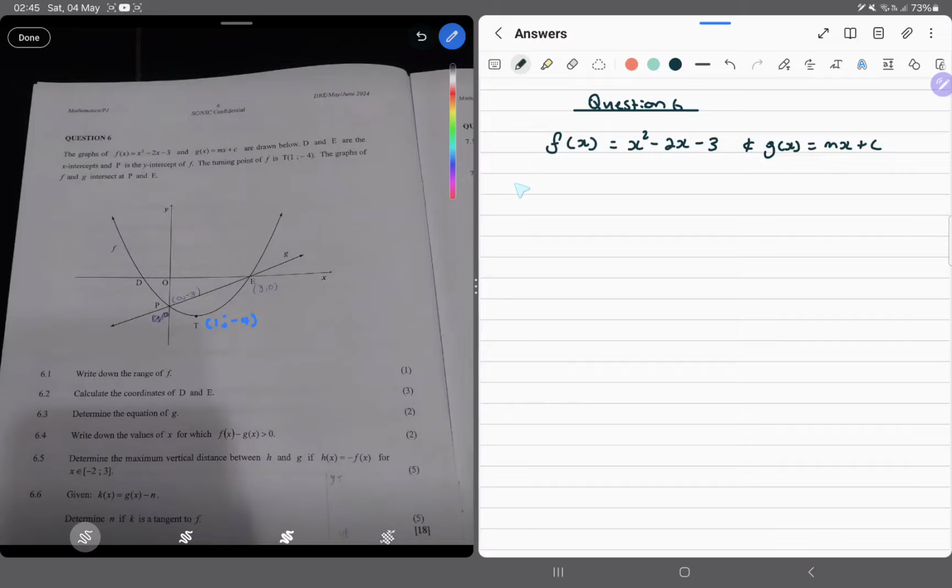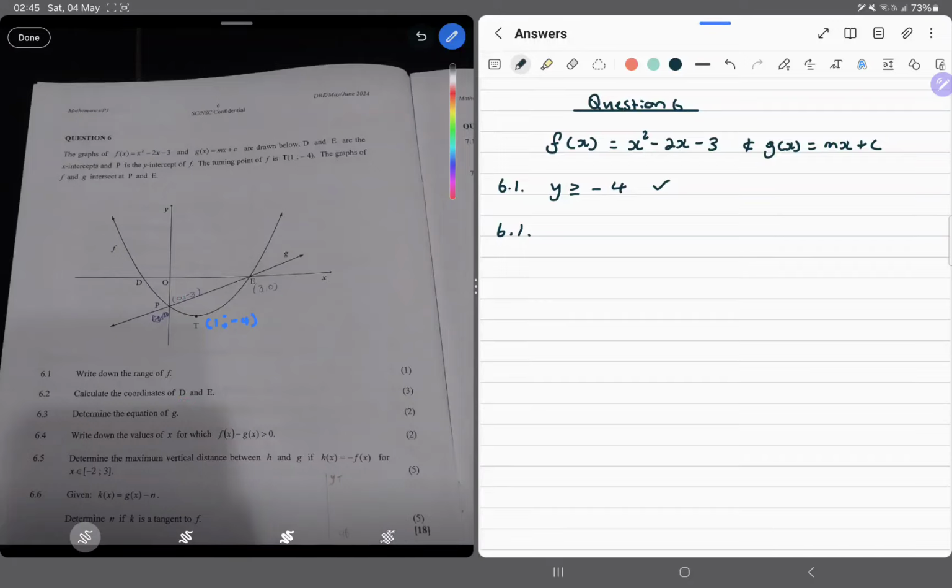Okay, so this then tells us we can start answering 6.1. We want the range of f. We can see the graph is limited at minus 4, so it means y must be greater than or equal to minus 4. That's 1 mark.